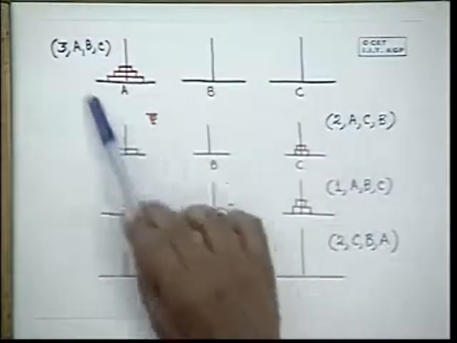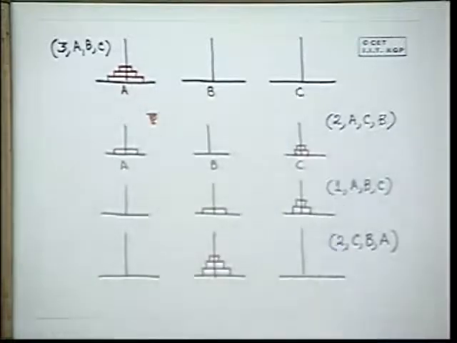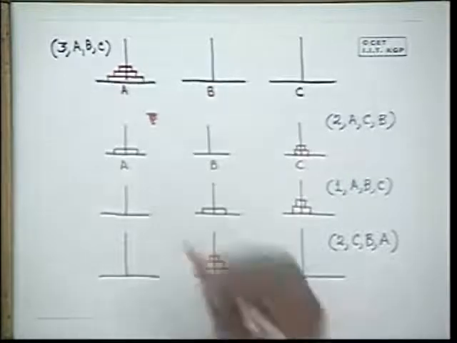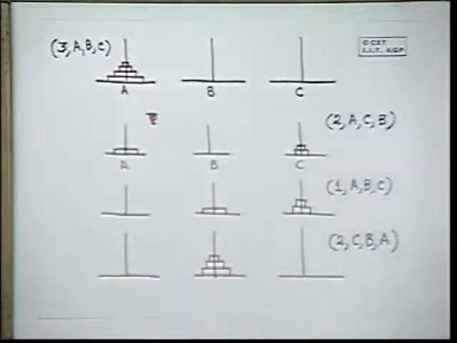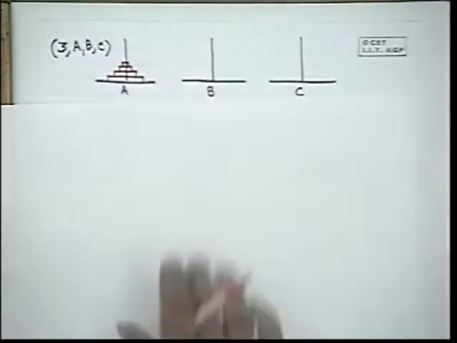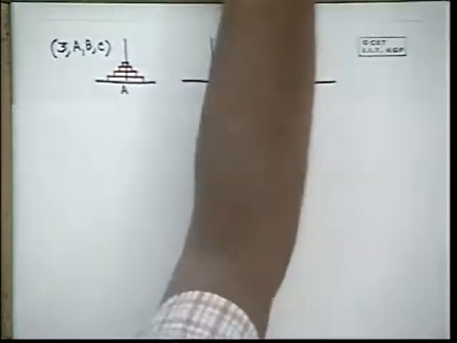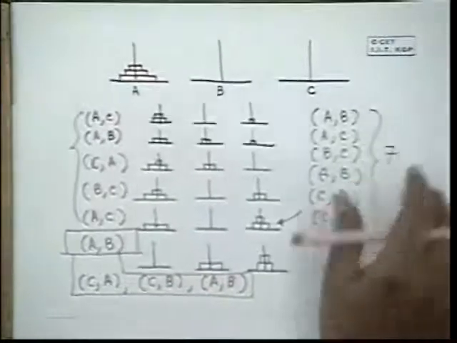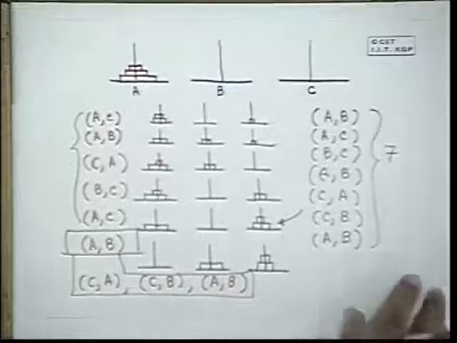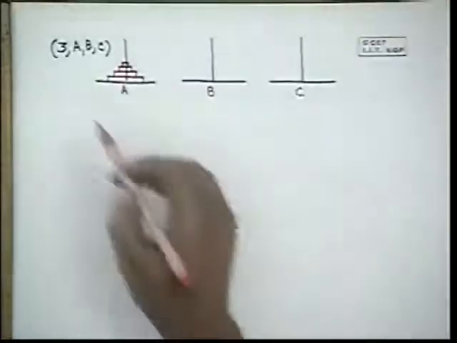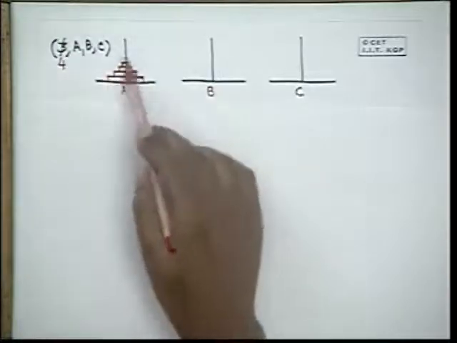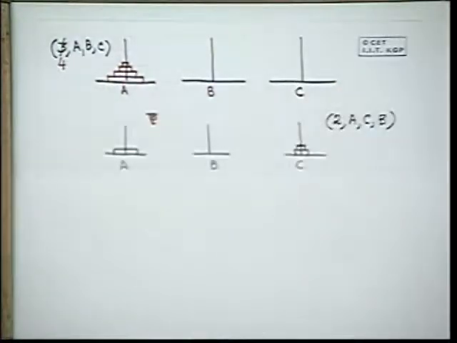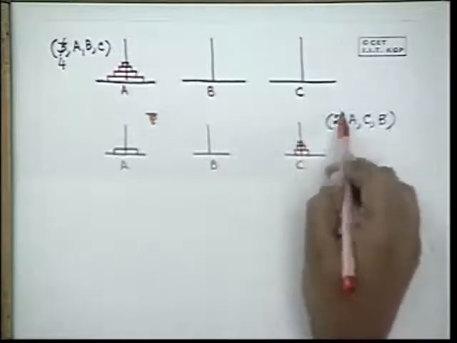So now to solve the 3-disk problem, now in order to solve the 4-disk problem, what do we do? How do we now solve the 4-disk problem? Do we start like this, in random fashion? I think we've learned something here. To solve the 4-disk problem from here, we can solve the 3-disk problem.